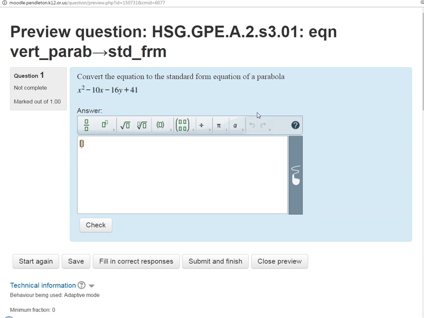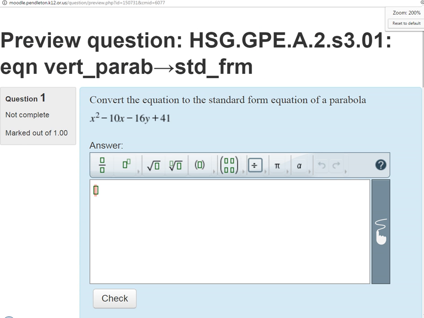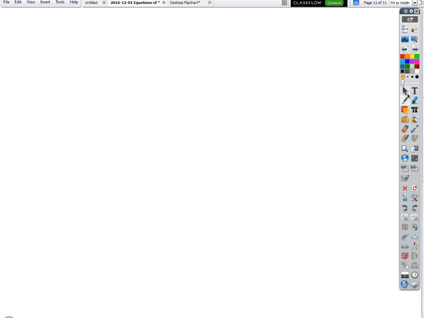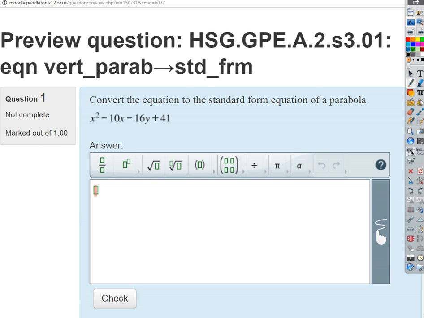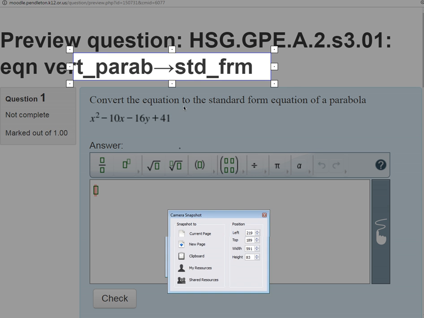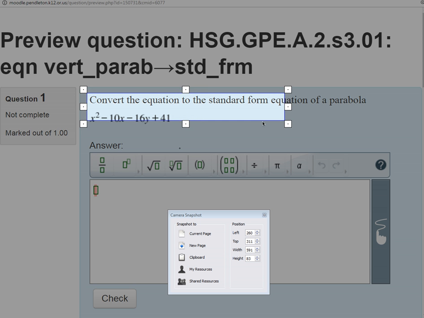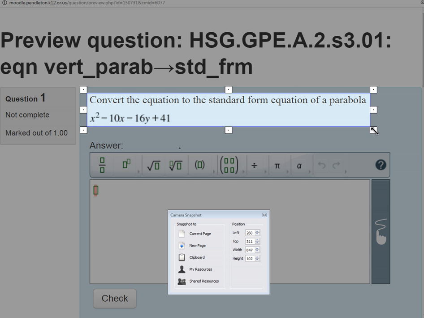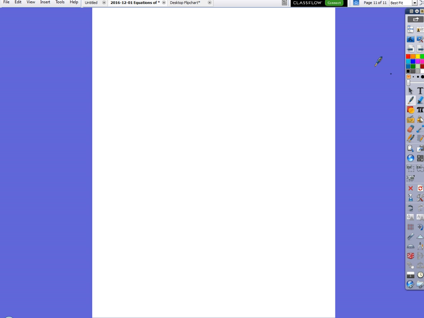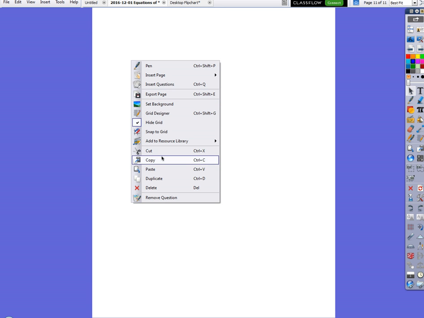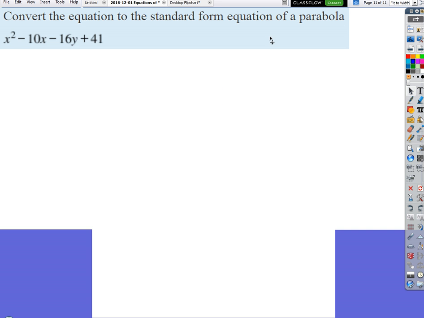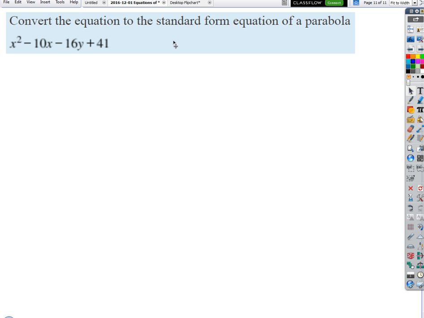Okay, how about one like that? What am I gonna do with this one? Now, is this gonna be a horizontal or a vertical parabola?